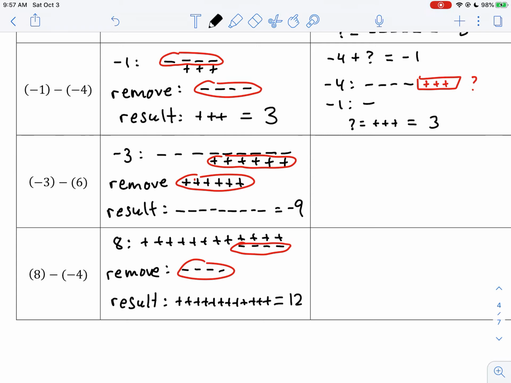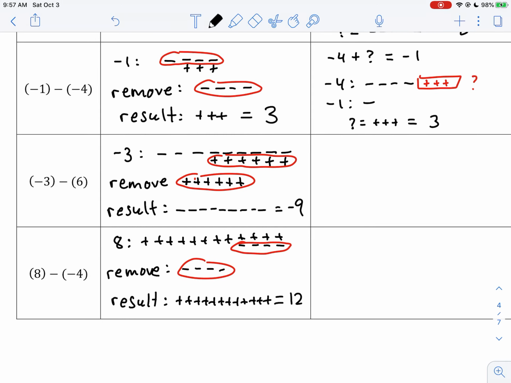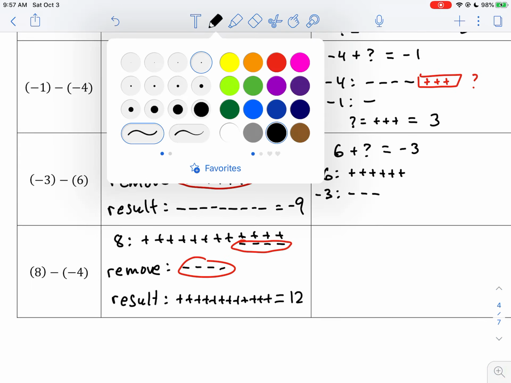Let's compare -3 and 6. So we're saying, okay, what needs to be added to 6, so 6 plus what will take you to -3? Well, the representation for 6 is 6 positives. A representation for -3 is 3 negatives. We don't want to add positives to positives. That just makes more positives. We've got to start adding a bunch of negatives to this.